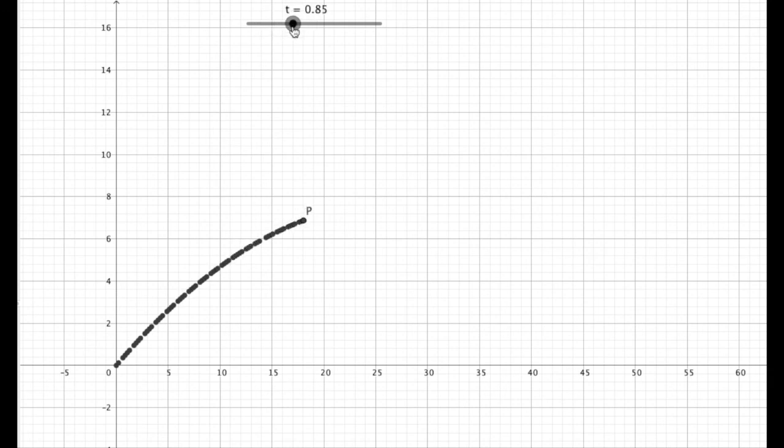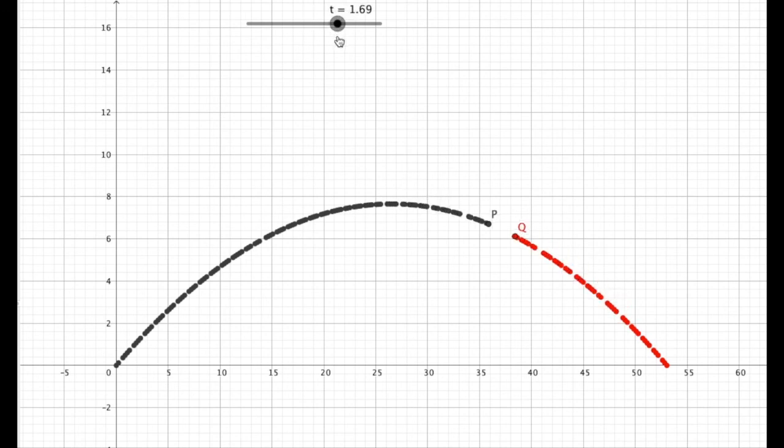When we get to t equals 1, Q appears and starts to make its path, which is of course a reflection of P's path, and then we see that at 1.75 they meet. If, bizarrely, they were able to pass through each other, say one is a cylinder and the other a sphere able to pass through the cylinder, then this is what would happen.